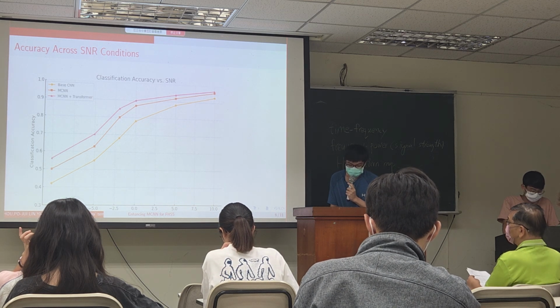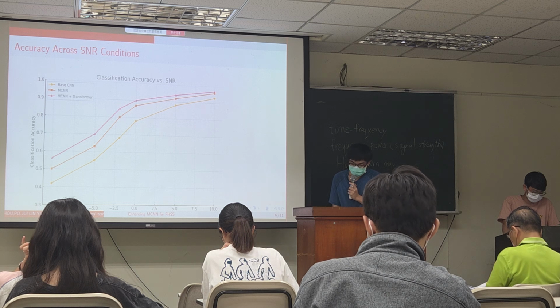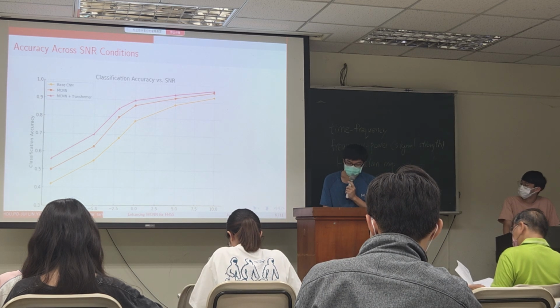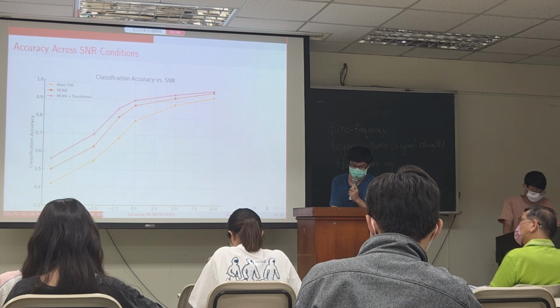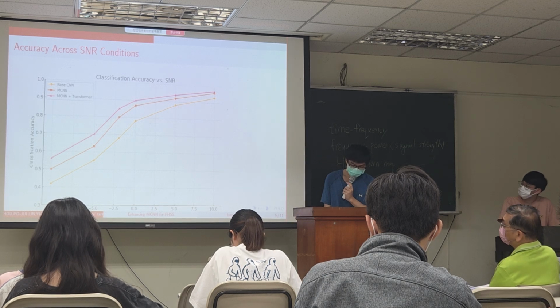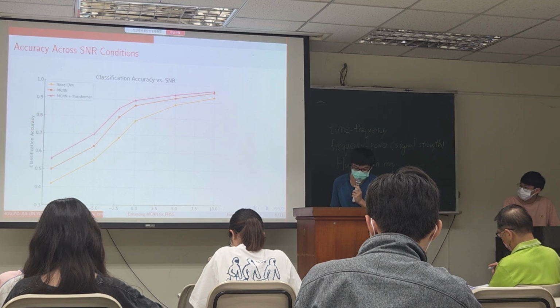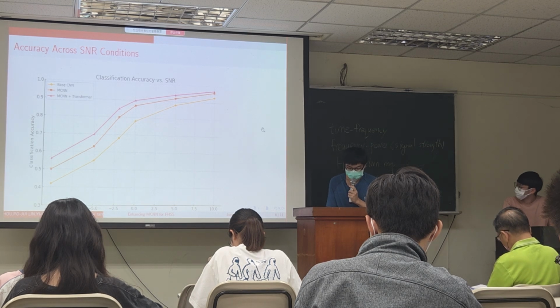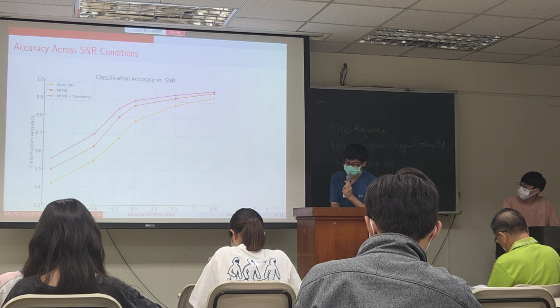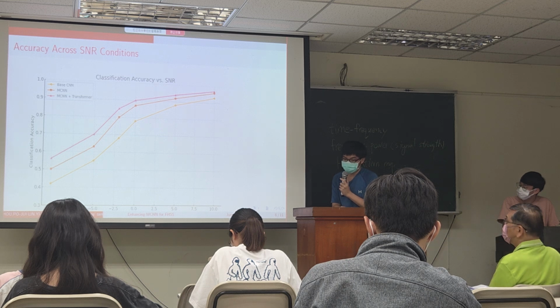We can see that as the SNR decreases, performance drops in all cases. But our model remains accurate even at -5 dB, and at -2 dB, we achieve over 85% accuracy. That's a major improvement over the baseline.